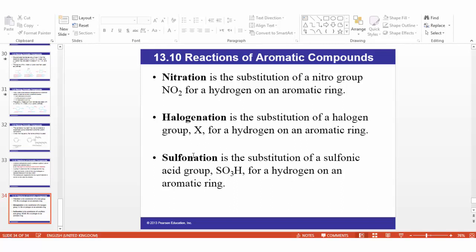However, if you substitute one of the hydrogens on the benzene ring by the group SO3H, then this is called sulfonation. So sulfonation refers to the substitution of a sulfonic acid group for a hydrogen on an aromatic ring.